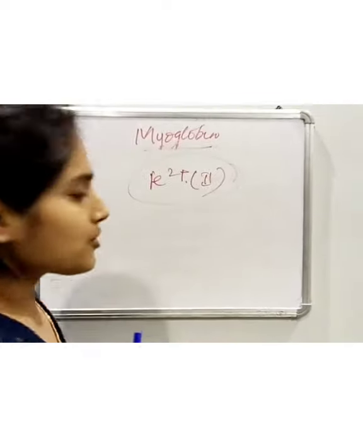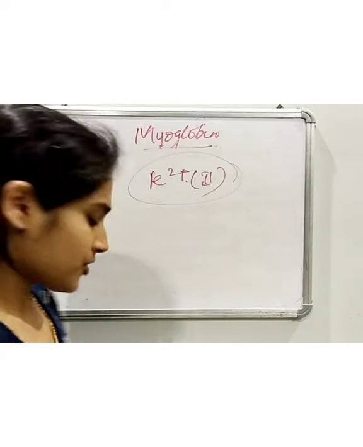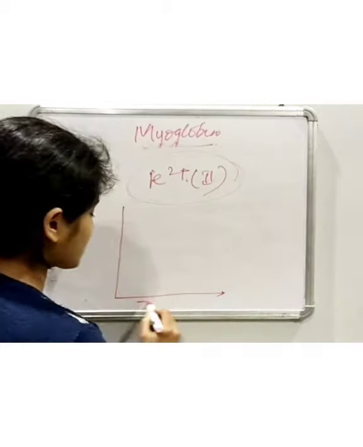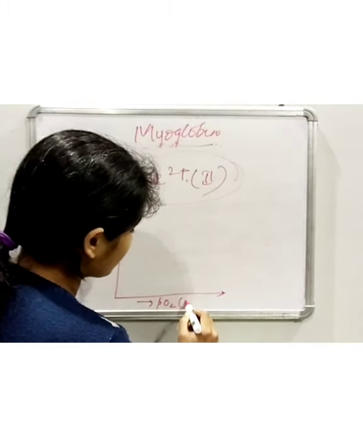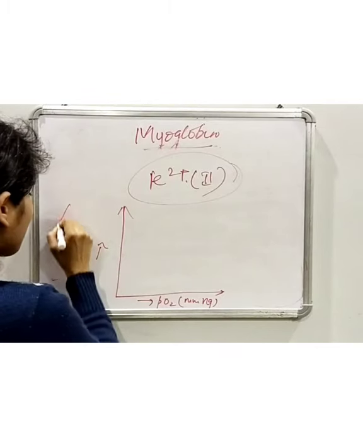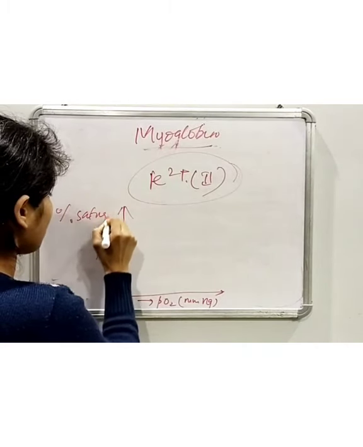Now, what happens to the binding curve? If you remember when we discussed hemoglobin, on the x-axis we plot the partial pressure of oxygen in mmHg, and on the y-axis we plot the percent saturation of oxygen.